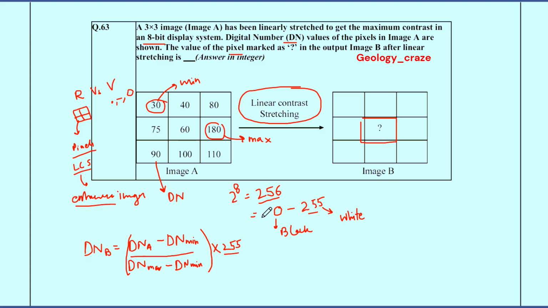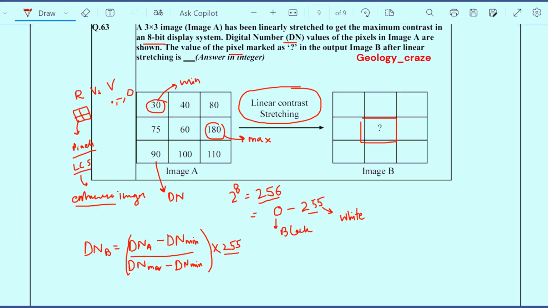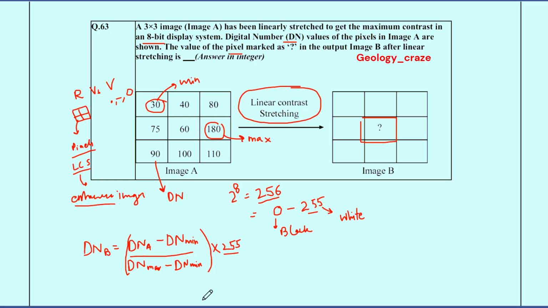Now for calculating this question mark pixel, we put the values here. 60 minus 30, divided by 180 minus 30, into 255.